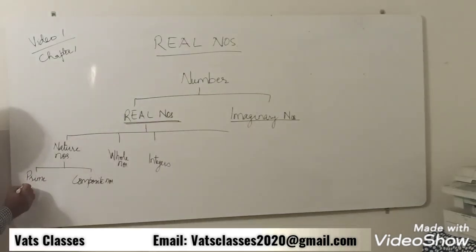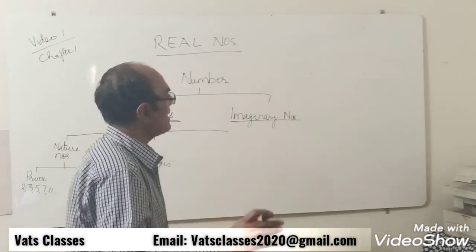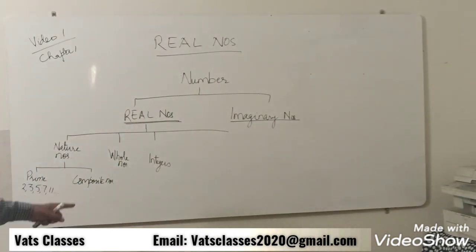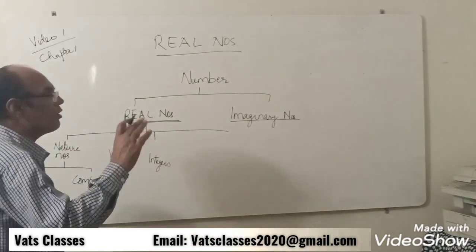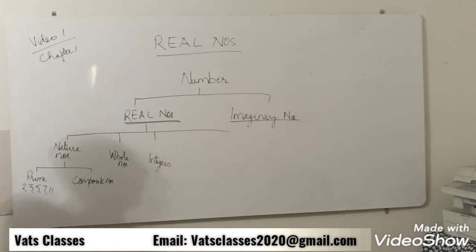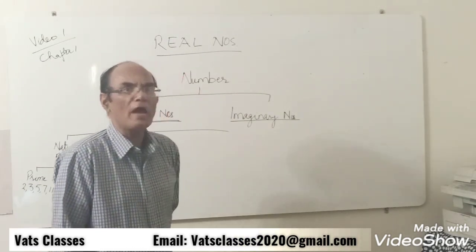For example, 2, 3, 5, 7, 11 and so on. Composite numbers, as the name suggests, composite means which contains parts of the numbers, or in simpler words, which can be broken into the product of prime numbers.